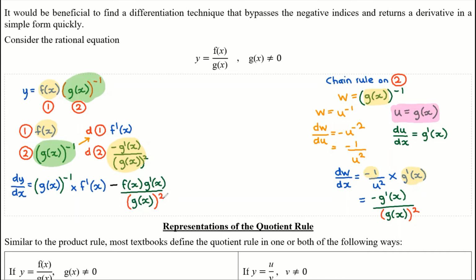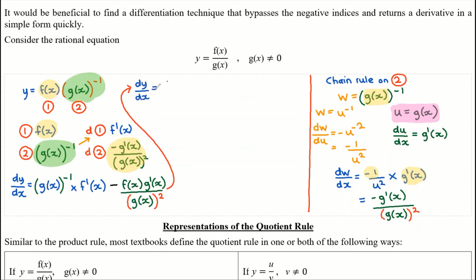Now, can we write it a bit better? Well, let's just move on up here, so we've got a bit more space, and I'll just partition this off. Now I'm going to rewrite it. So we've now got dy by dx, and I'm going to write that first term as a rational expression.